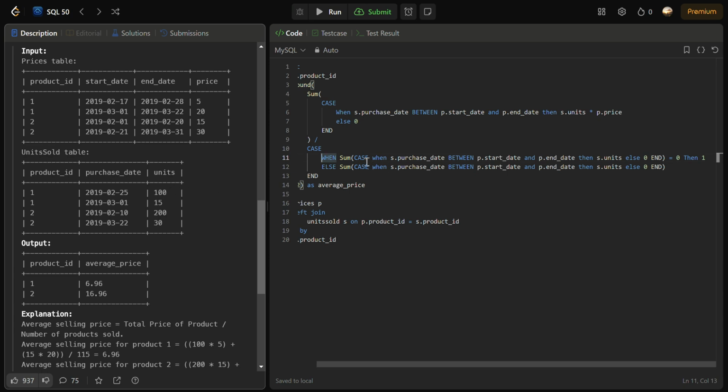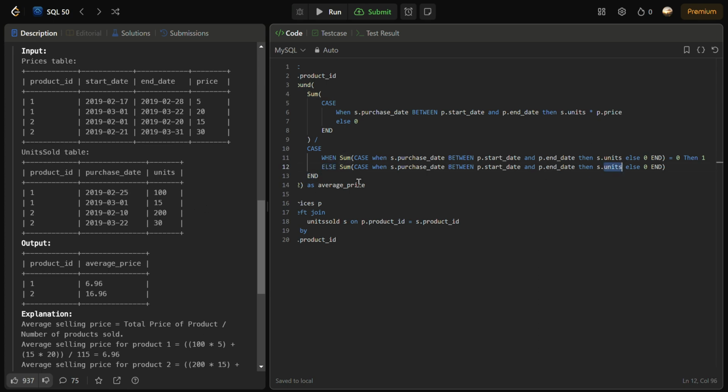Then, if you simply use this condition, we'll get a division by zero error. So we check if the sum of the units for that product ID is zero, and then we set it to one. Otherwise, we return the sum of the units.